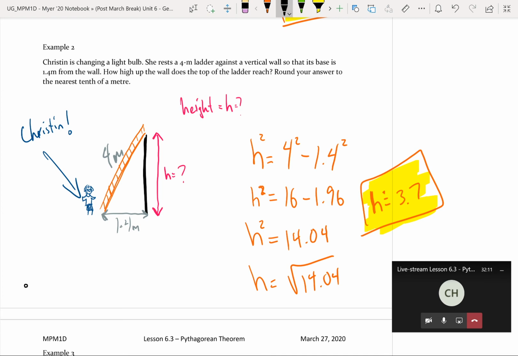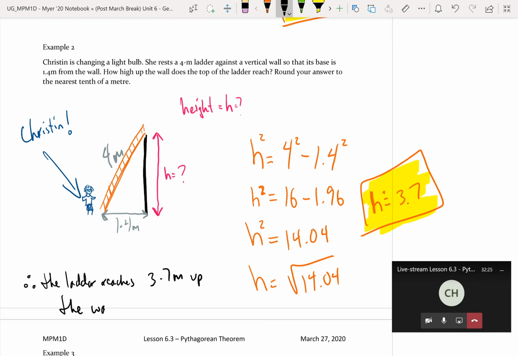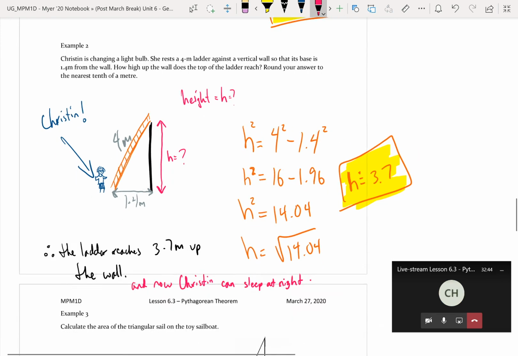And we'd say, therefore, the ladder reaches 3.7 meters up the wall. And now Kristen could sleep at night, knowing that answer.